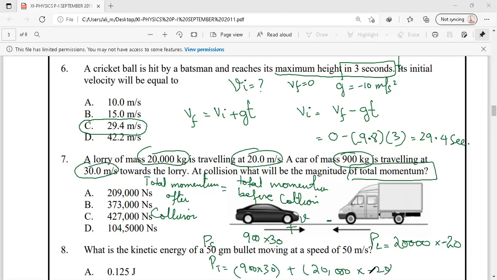So our result will be 373,000. So the correct answer is option B.